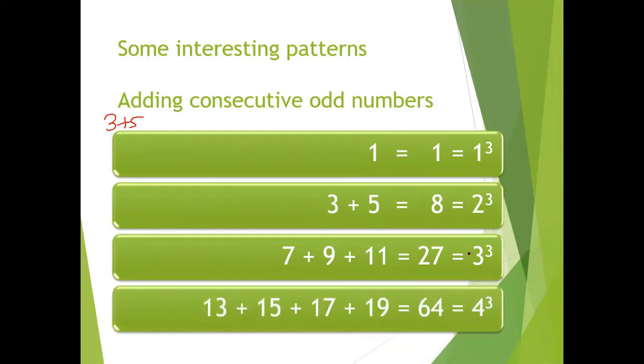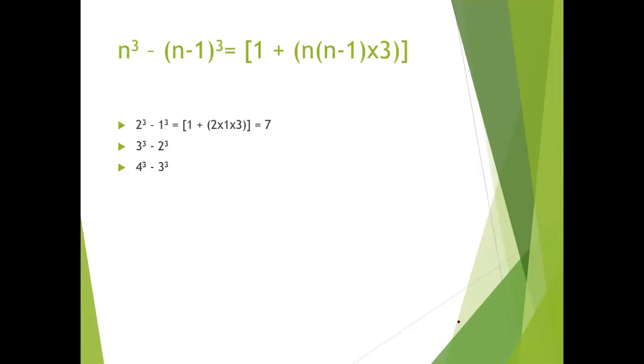Adding the next 4 consecutive odd numbers will give us 64. That is 4 cube. Now if I start with 21 and add the next 5 consecutive numbers, I will get 125. That is 5 cube. So this is an interesting pattern. Try to remember it.